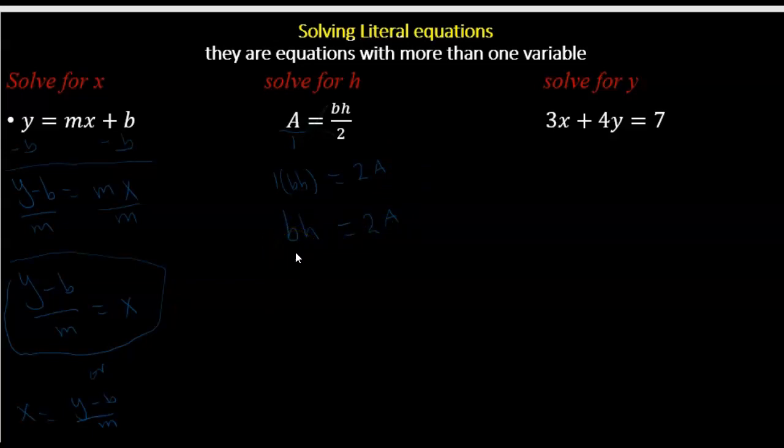To do that, since b is multiplied by h, and the inverse operation for multiplication is division, we need to divide by b on both sides. Divide by b, divide by b. So now we have h equals 2a over b.